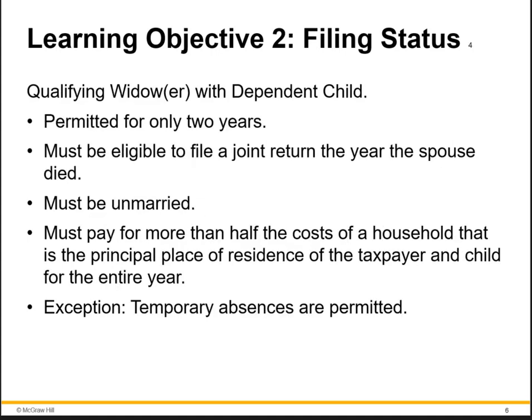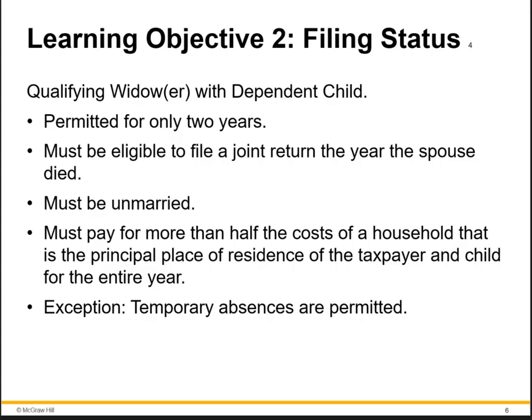Okay? Now, the last status, as I mentioned in chapter 1 when we talked about it a little bit, and I went over in the homework, is not really a separate status. This is a person who would not normally, under the rules we've just seen, qualify to be able to file married filing jointly.